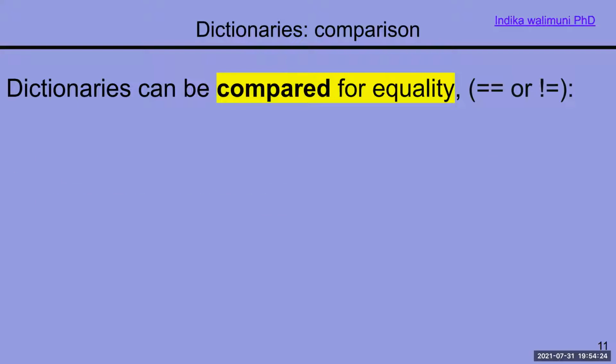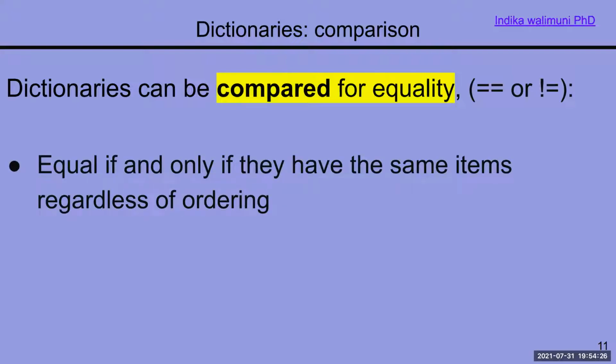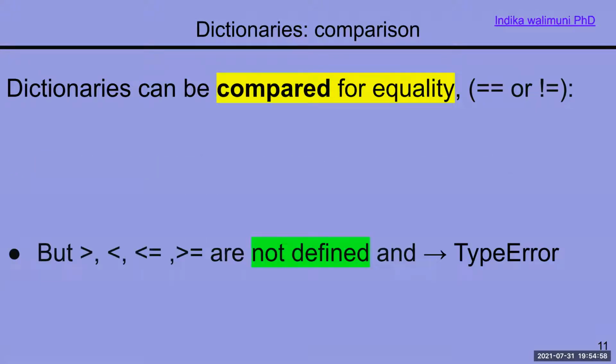It means if we have two dictionaries with equal key value pairs, regardless of the ordering, so ordering could be jumbled, that's fine. But if we have the same items in both dictionaries, that means the same key value pairs in both dictionaries, then it will return true in the comparison check. But none of the other comparisons are working, they are not defined. If you try to do this, we get a type error.